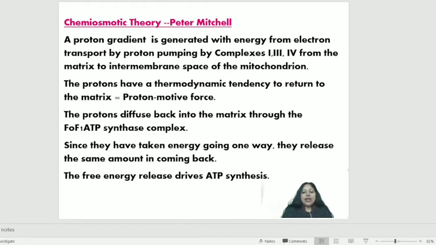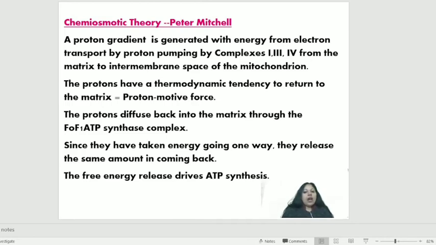Initially protons move from the matrix to the intermembrane space, and down the gradient from the intermembrane space to the matrix. This tendency to return to the matrix is called the proton motive force, and it is responsible for the synthesis of ATP, because free energy is released in this process.